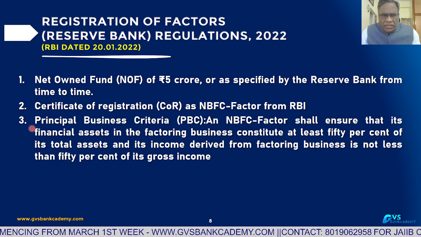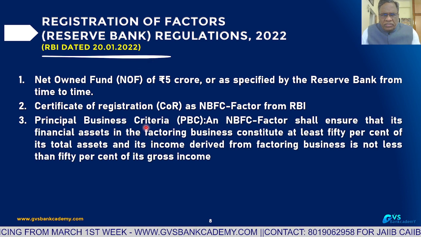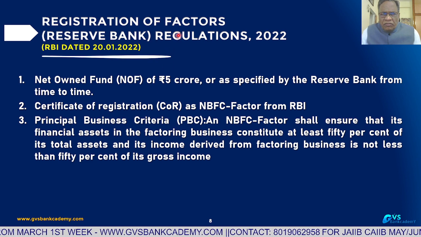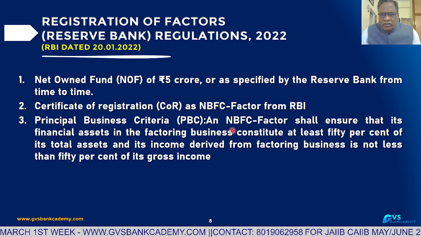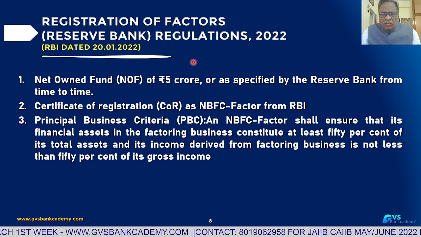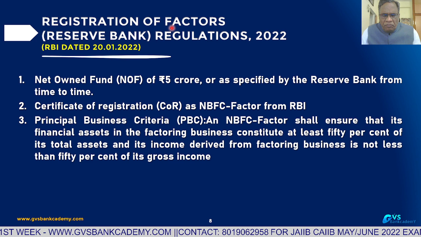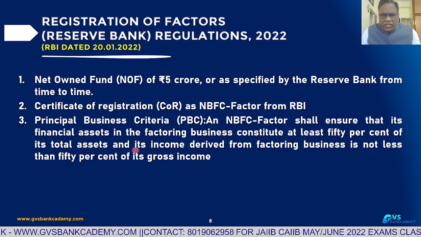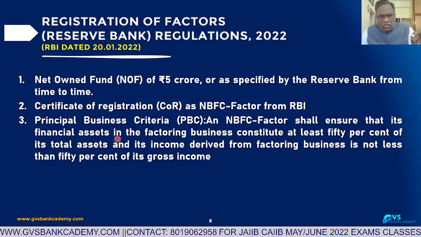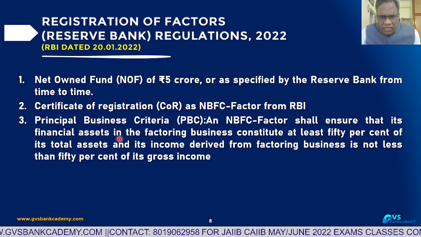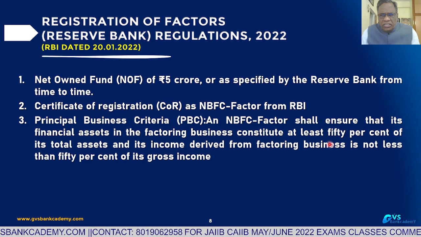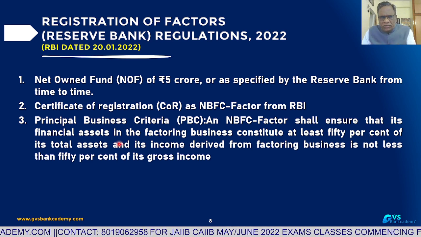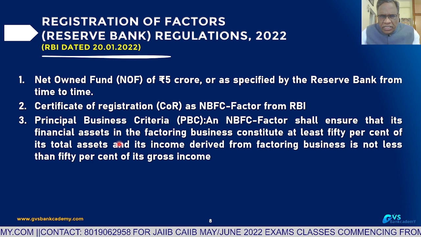Now, the third point is the principal business criteria, PBC, for factoring companies. For an NBFC factor, what is the main business criteria? It shall ensure that out of its total assets, factoring business assets constitute at least 50% of the total assets.